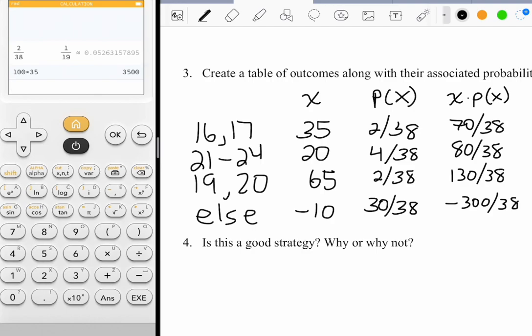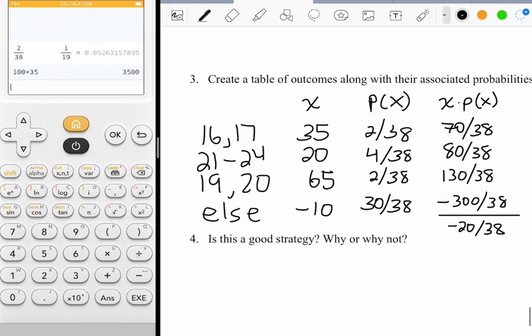So that's going to amount to negative 20 over 38. All right. This is for a $10 wager. This is what you want to see, right? This means that you did everything right in terms of the computations. Your payouts are correct. Your probabilities are correct. If the expected value ends up being negative 20 over 38, then you did everything correctly.